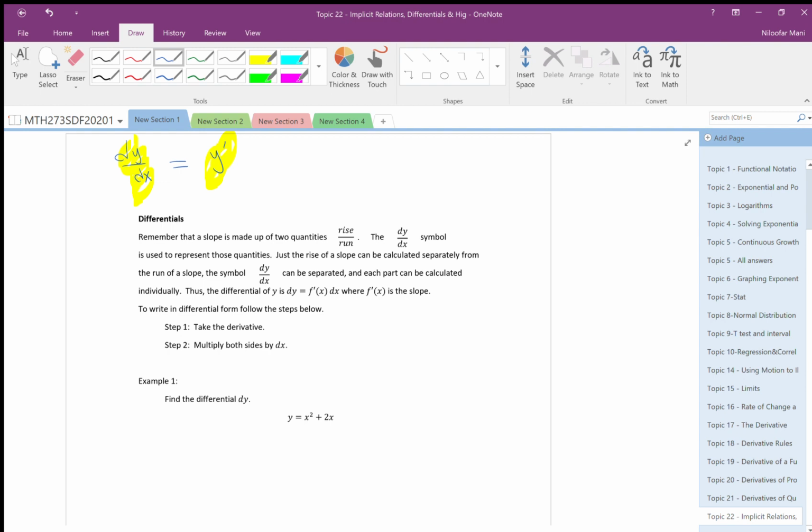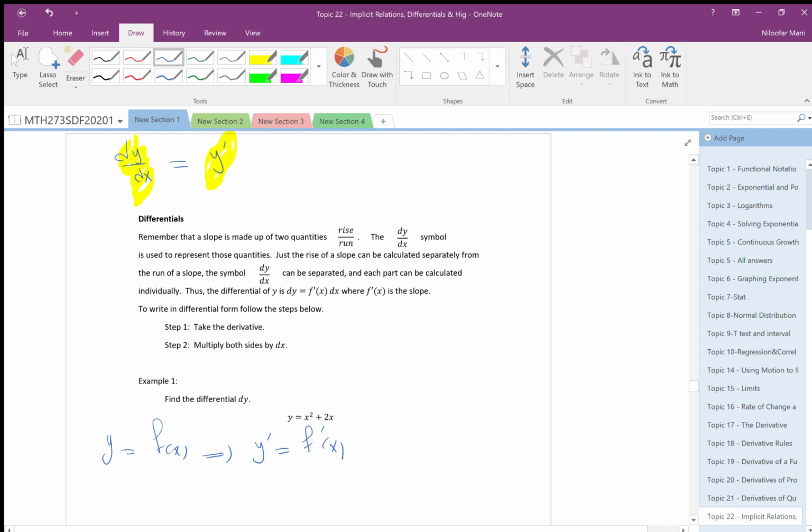See, it's really nothing new. You have y equal f of x. We did y prime equal f prime of x, so the derivative of y is the derivative of the other side.